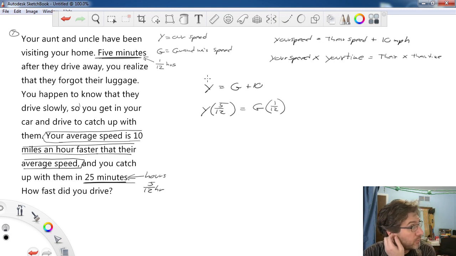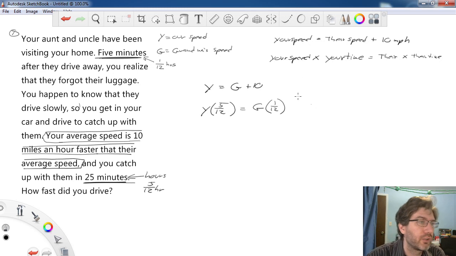You're just going to plug into each other. You'll see that this one here is already equal to y, so we can just substitute it right in. So here we get g plus 10 times 5/12 equals g times 1/12.